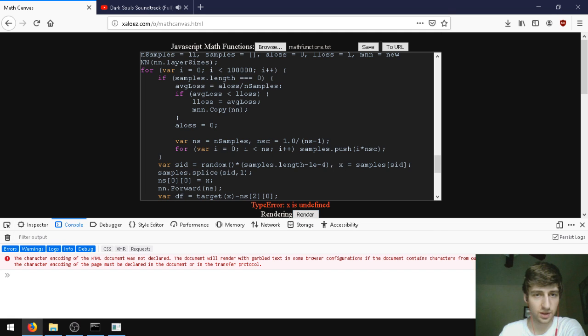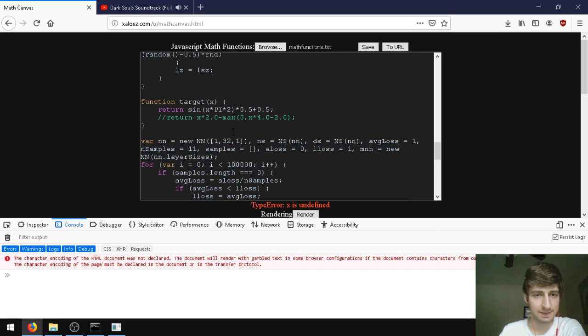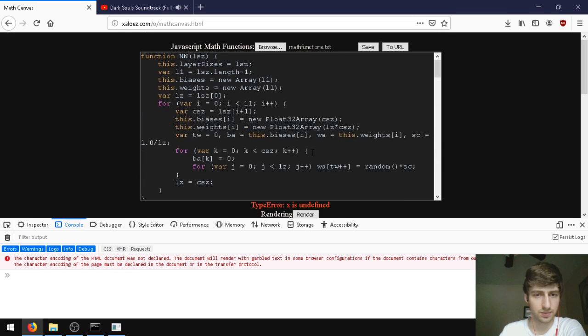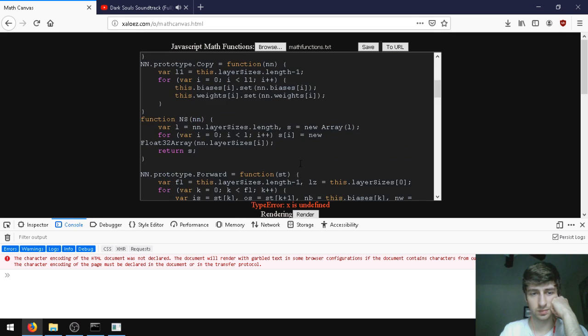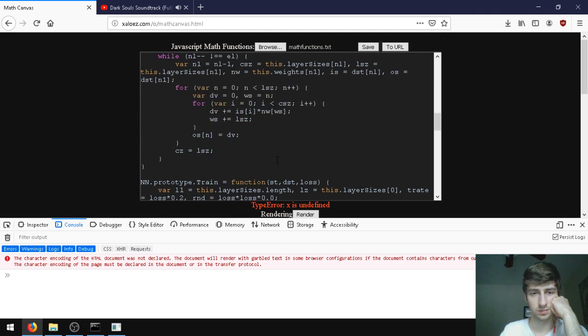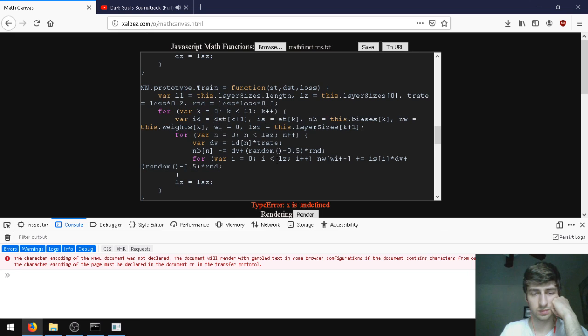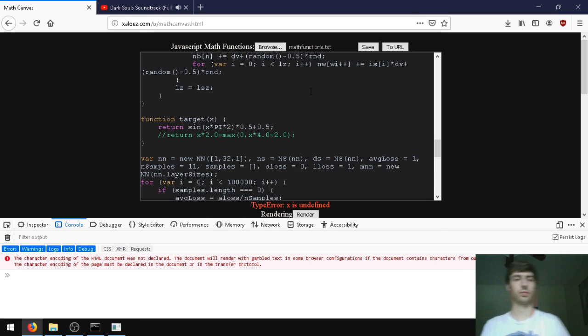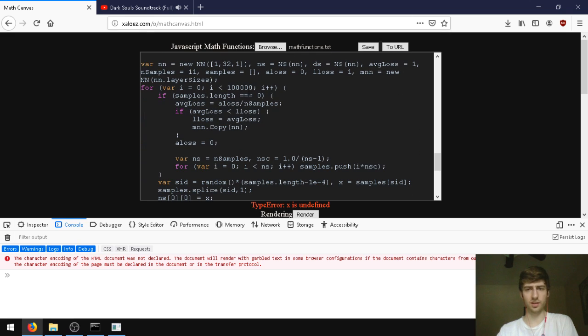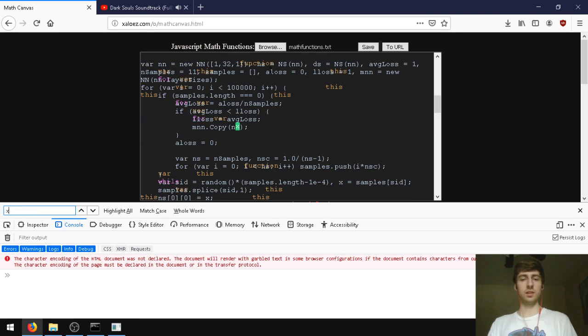X is right here. I don't think it's right here either. Let's see, places where it looks for X.